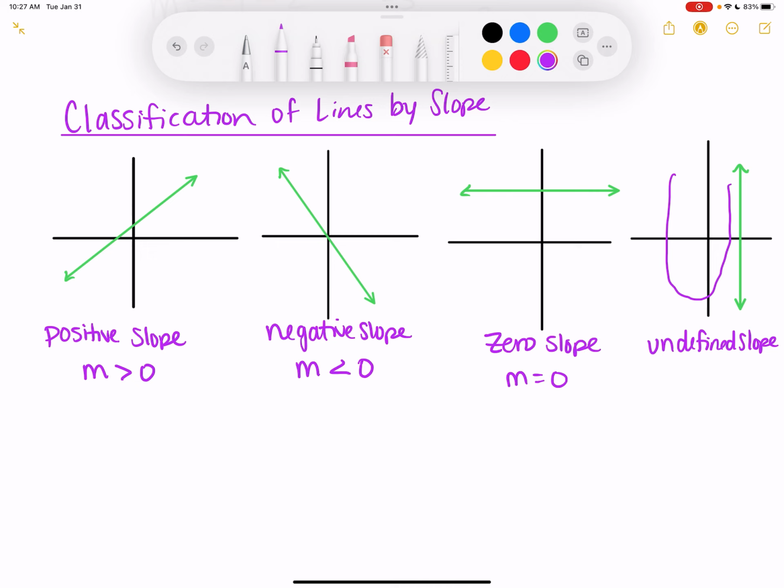So that's how you can remember undefined and 0. It's a common thing that people mix up which one's which. So I literally to this day still think, okay, I'm drawing a 0, so going across, that one's a 0 slope. I'm drawing undefined, that one's going up and down, so it's undefined. So that's how I remember it. If that helps you, great. If it doesn't, you can just memorize them.